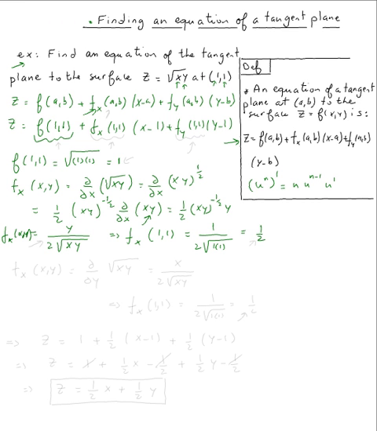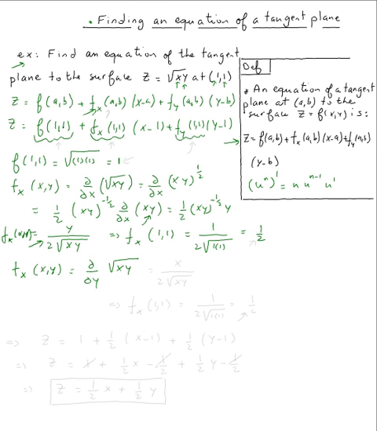Alright, so far we've done that. Next we need to do fy, partial with respect to y, at 1, 1. So again, fy of any xy should be equal partial with respect to y of square root of xy. Actually, everything will be the same. The x becomes y and the y becomes x. Am I right?